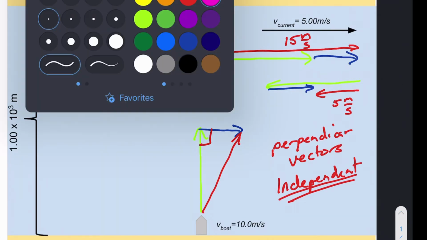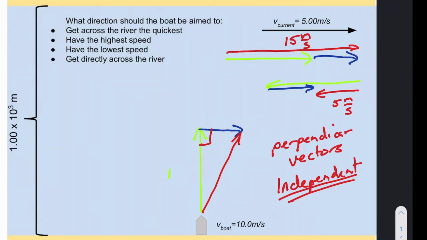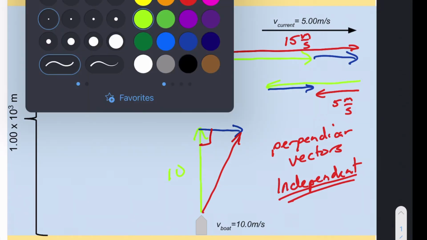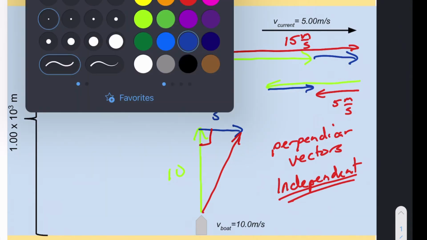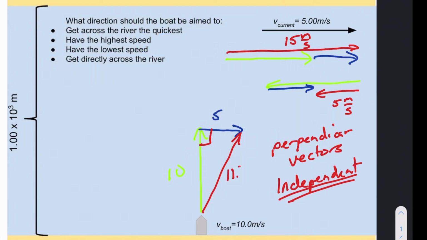Now, we can solve the actual speed by taking the Pythagorean theorem and taking 10 squared plus 5 squared, so 125, and taking the square root of that. And the square root of 125 is 11.2. So the boat would actually be traveling 11.2 meters per second.